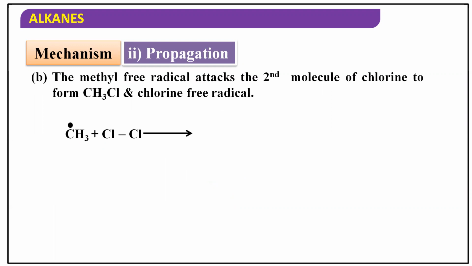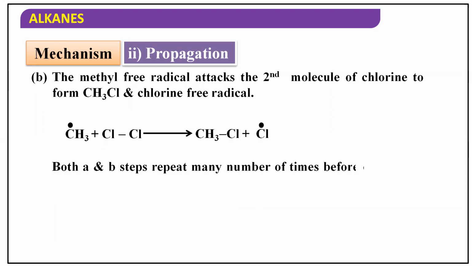And in the propagation step, as you can see here, CH3Cl is formed, and one free radical is formed here. So CH3 methyl free radical with chlorine free radical will form CH3Cl. Now this will keep repeating before the final product.